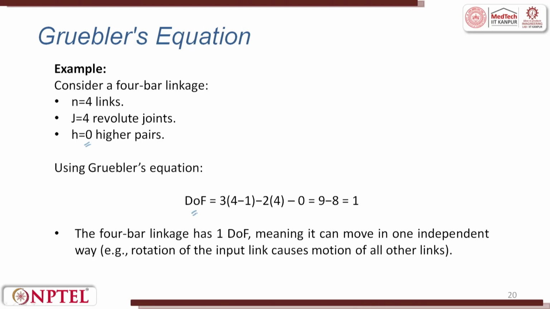So, when you try to figure out the degrees of freedom, 3 times (4 minus 1), where 4 is the number of links, minus 2 times j, the revolute joints, minus higher pair, which is 0. So, you have only 1 degree of freedom. So, a 4-bar linkage has 1 degree of freedom, meaning it can move in one independent way. The rotation of an input link causes motion of all other links.